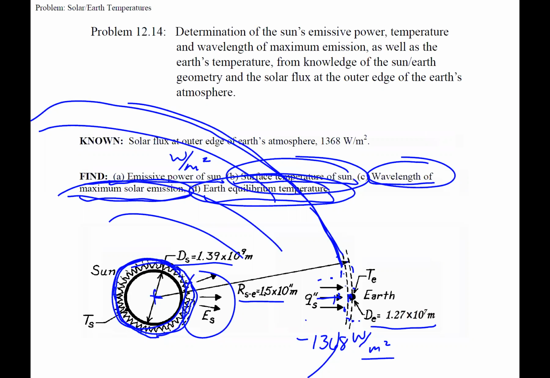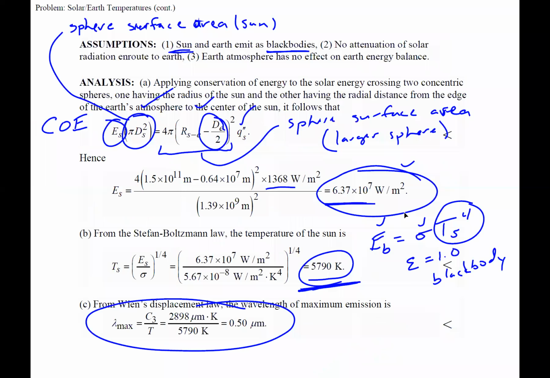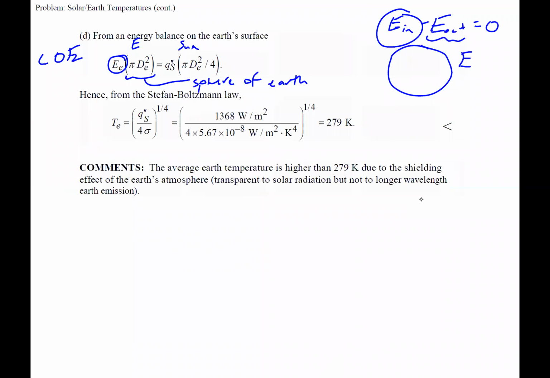If we were to look at what's coming in, it's just going to be a circle, because the other side of the Earth is dark, right? So we just have that energy that's coming in, and so that means this area is a circle, because the sun just has its heat flux that's coming in on that projection of that circle on the one side of the Earth, right?